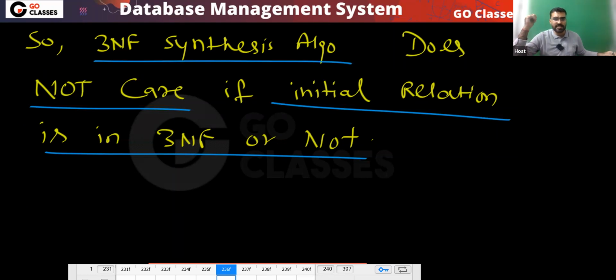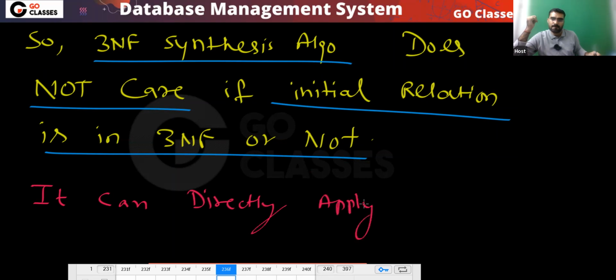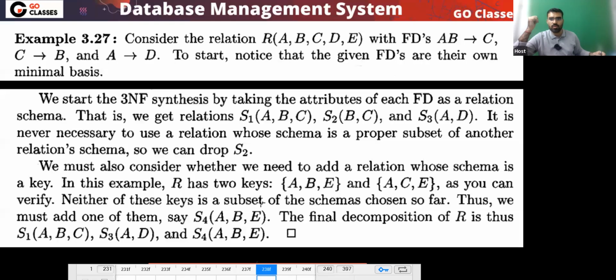It will just directly synthesize. You can directly apply it. So like this you can do. I hope this point is clear.